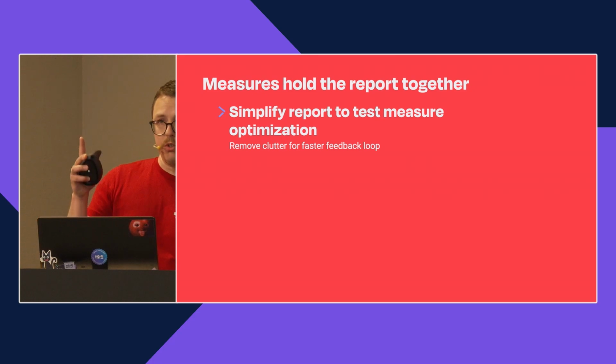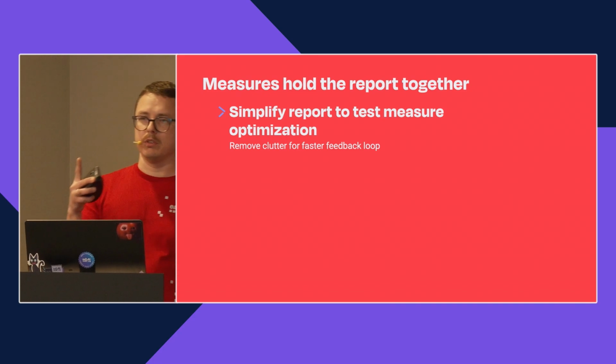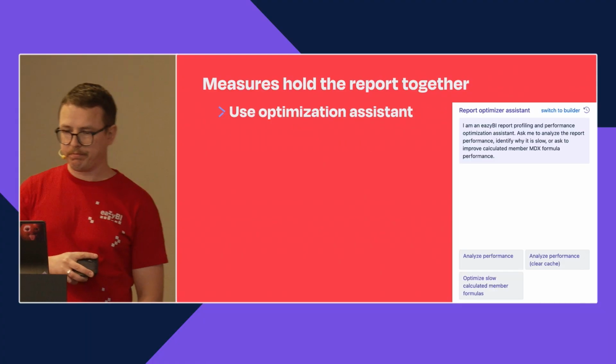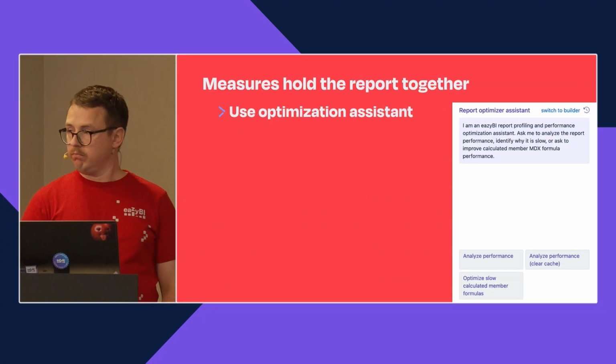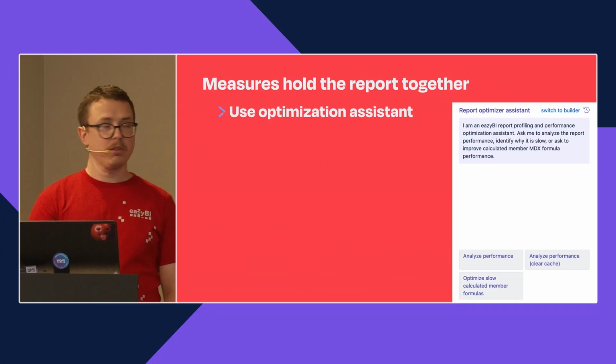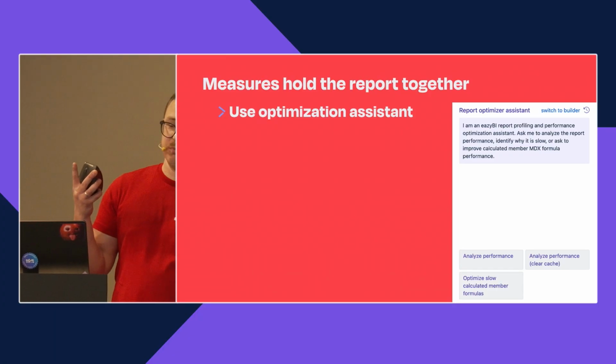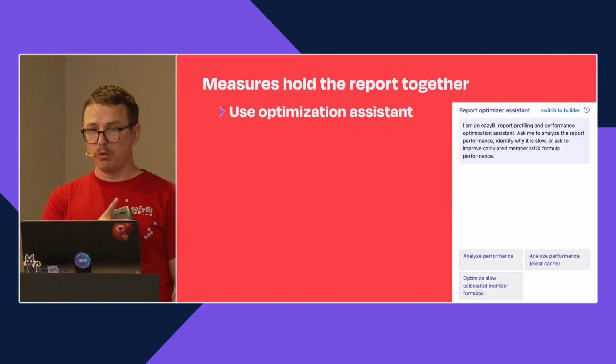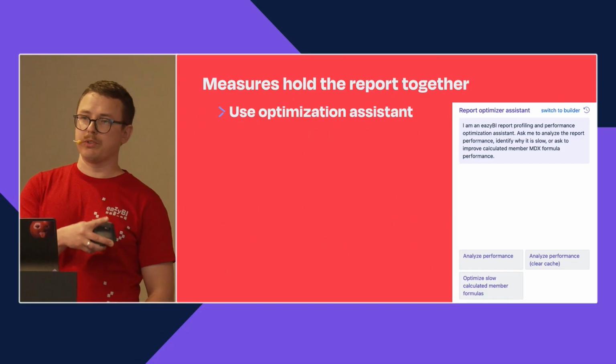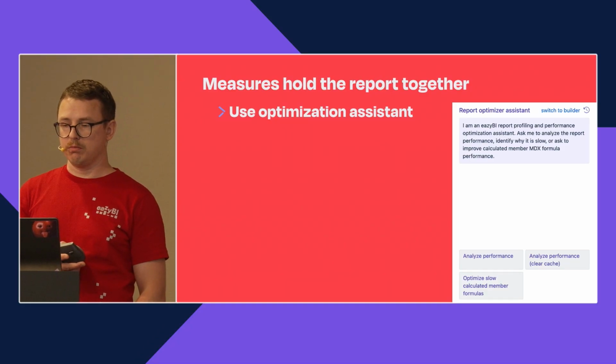And also leverage the refresh and stop refresh button in the report itself. Use the optimization assistant. It may not always get you the right approach, but it surely will tell you which parts take the longest, and then you have something you can bring your attention to.